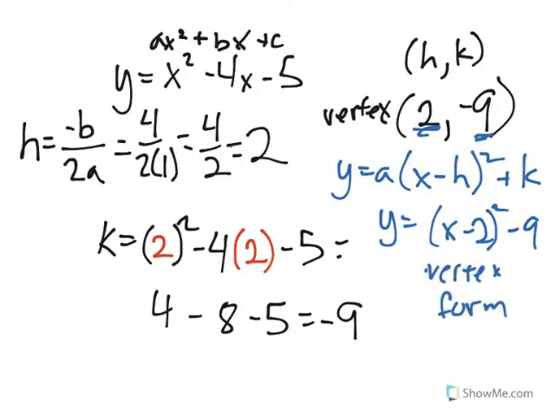So now that I have the vertex and vertex form, I'm going to go back to the original equation and factor it in order to find the roots of the parabola. So again, our original equation was y equals x squared minus 4x minus 5.